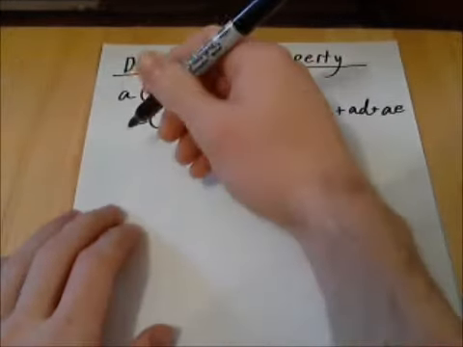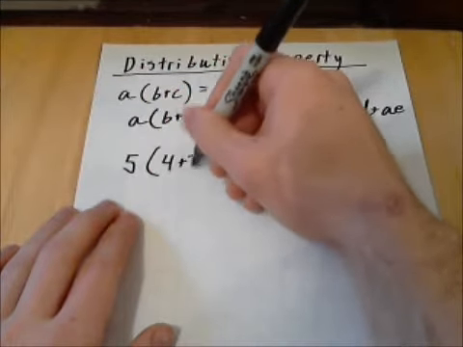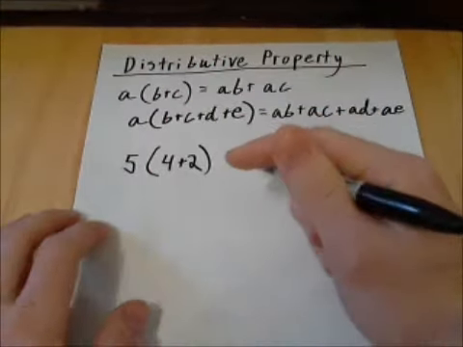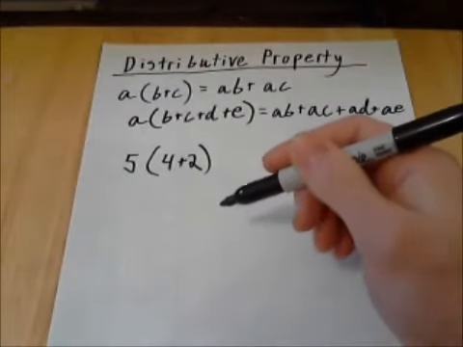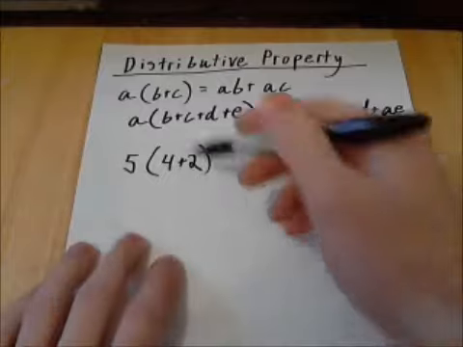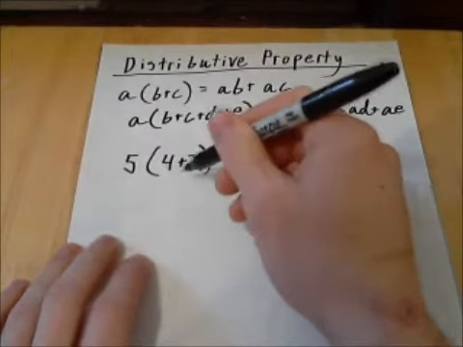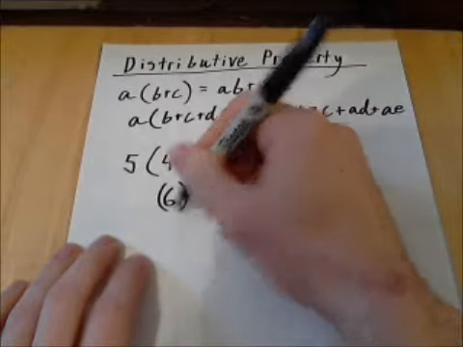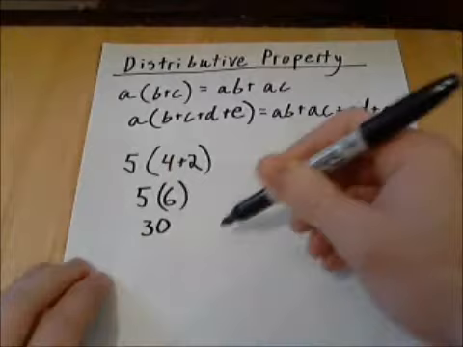So first off, let's start with 5 times the quantity of 4 plus 2. So there's two ways of doing this. The first way is we can do what we know how to do and do the order of operations and just add everything in the parentheses and multiply it by 5. So 4 plus 2 is 6 in our parentheses times the 5 gives us 30. So that's one way of doing it.